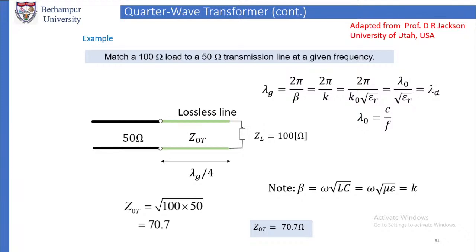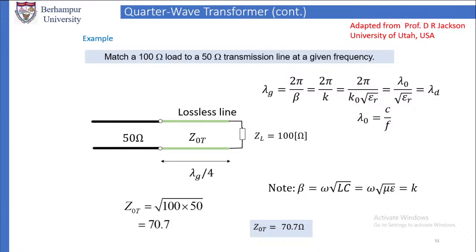And now about the length, what will be the length? Length is lambda g by 4, and it will depend on the frequency. As you know, wavelength depends on frequency. So lambda g is 2π by β, that is equal to 2π by k, where β is equal to k, and k is equal to k0 into root over epsilon r.